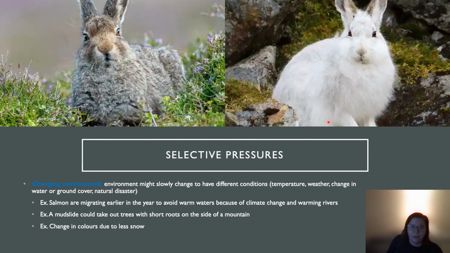For example, here is a mountain hare, and in the winter, mountain hare will have a white coat, but as their winters are getting warmer and there's not as much snow for them to blend into, they are more and more becoming a brown color that blends in better with shrubs and rocks that are not covered in snow. So over time, the population is changing to look more like this and less like this.